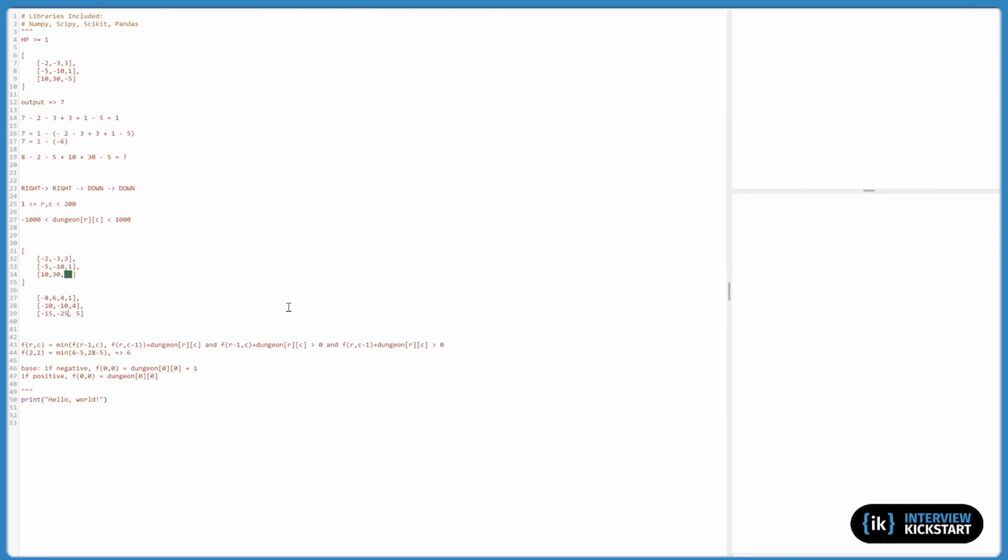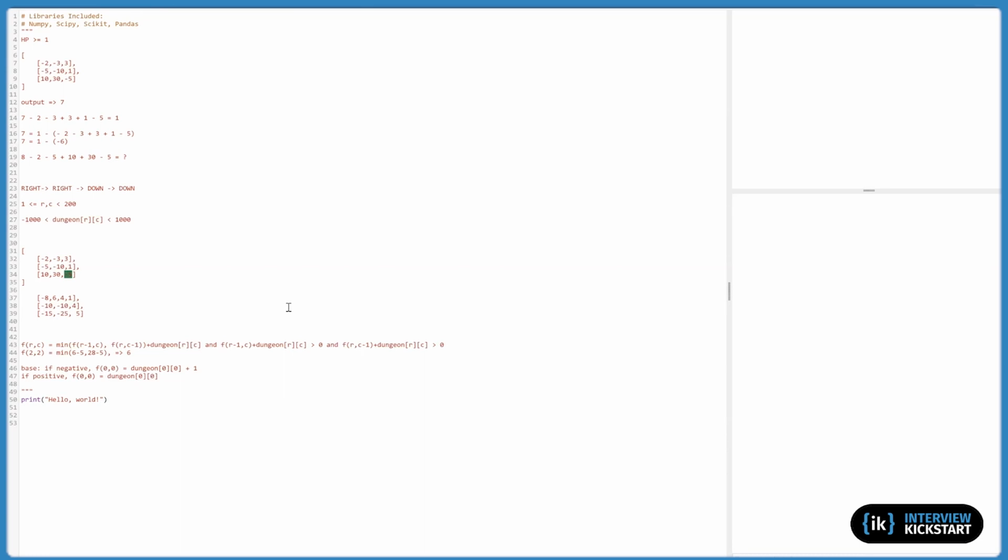Okay. And so here 5 plus negative 1 is equal to 4. 5 plus negative 30 and negative 25. Yeah, that's the way. Negative 15. And negative 25 plus negative.